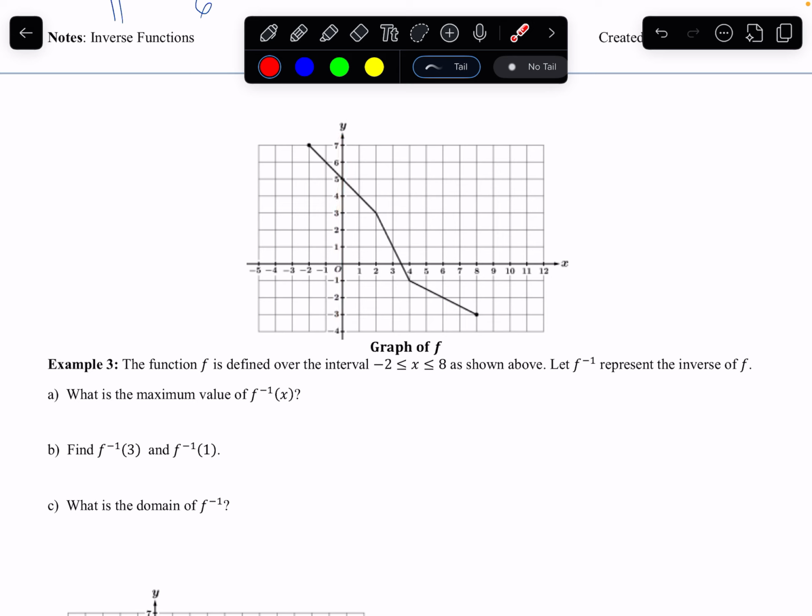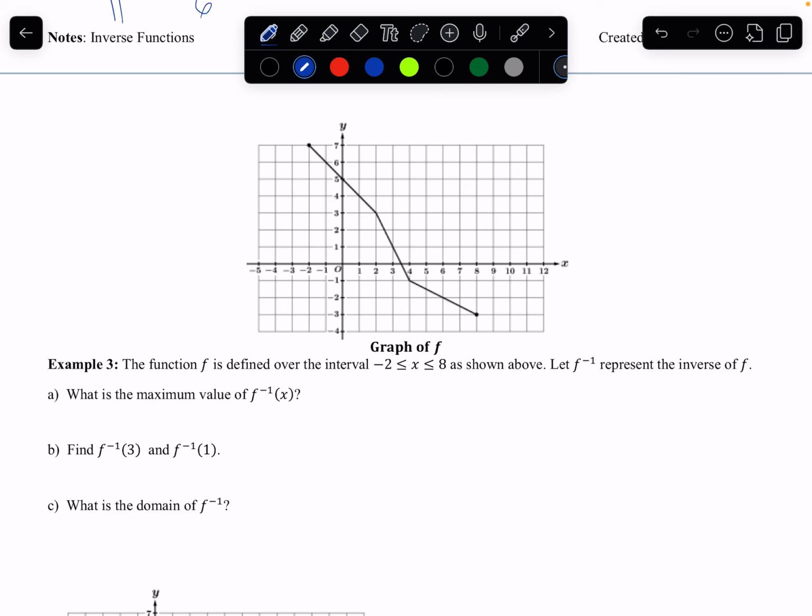Well, the range is the y values that come out of the function. So we can see that it starts at -3, the lowest value, and we include the -3 because you have a solid dot, and go to 7, and include the 7 because you have a solid dot. That's the range of your original function. So it must be the domain of the inverse. And let's go ahead and write it.